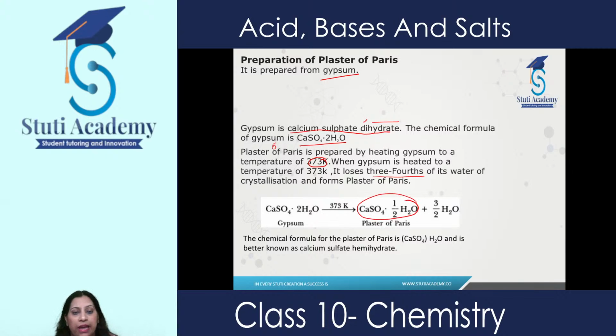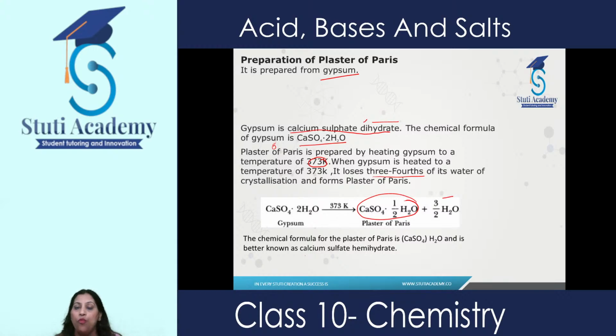As you can see here, when we heat gypsum, it loses 3/4 of its water molecules, and this POP is a white colored substance which contains only half a molecule of water. And that's why we call it calcium sulfate hemihydrate. Hemi means half. It contains only half a molecule of water.